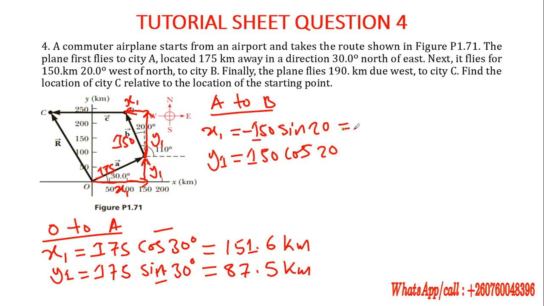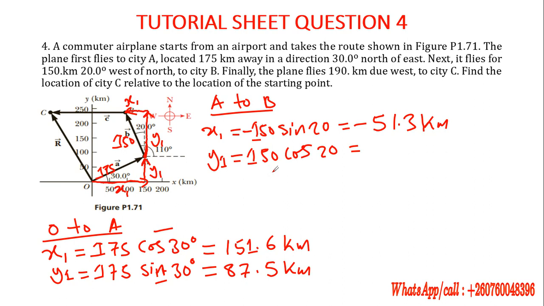So now, from here, let's punch on our calculator and see what we obtain. We have negative 150 multiplied by sine 20, which is giving negative 51.3 kilometers. Now, what about the other one?